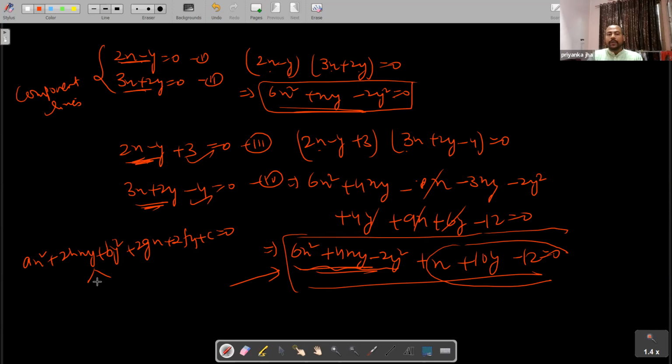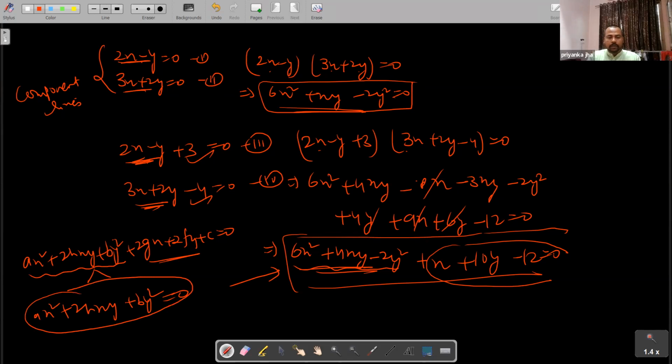Okay. Now what I'll do is, instead of solving this whole expression by making a quadratic equation or something like that, I'll simply pick this part. This part is called the homogeneous part. I'll pick only this part and ignore this part. And solve it. This is easy to solve.